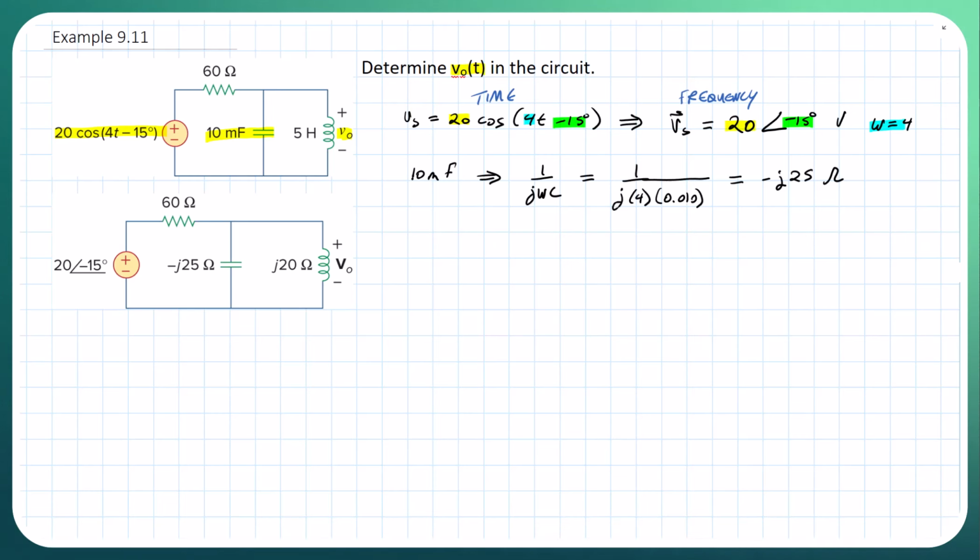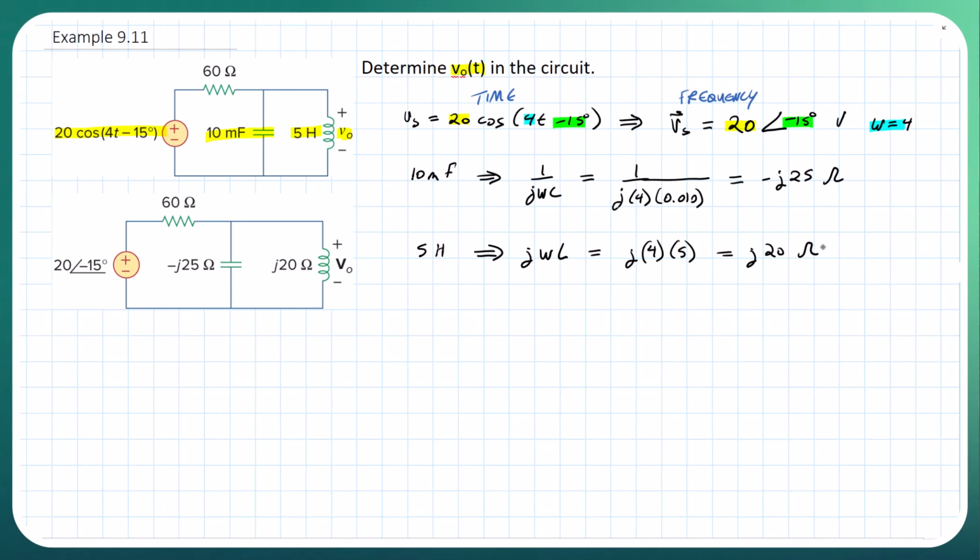Next, we want to do the inductor, which is our 5 Henry. The 5 Henry inductor is just going to be j omega L. Again, our omega is 4. L here is 5. So we have j20 ohms.